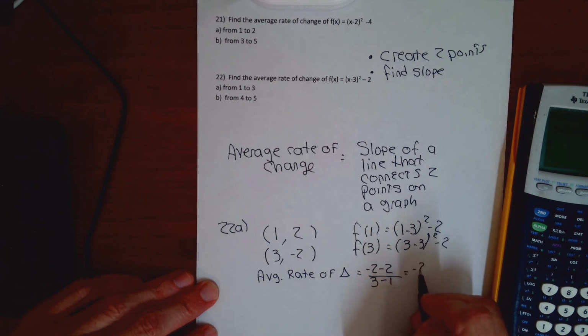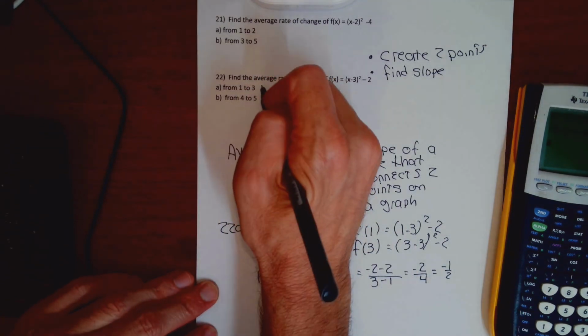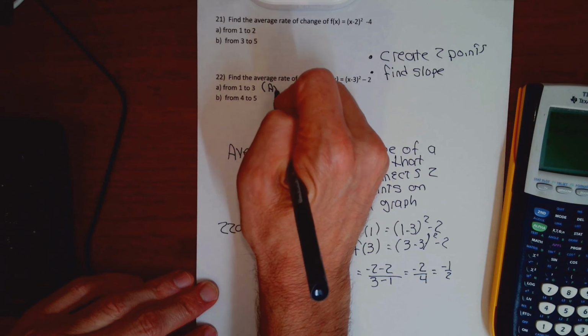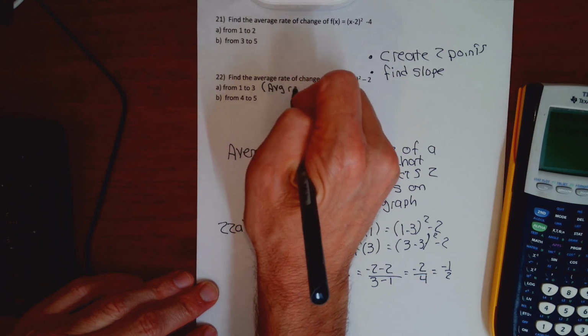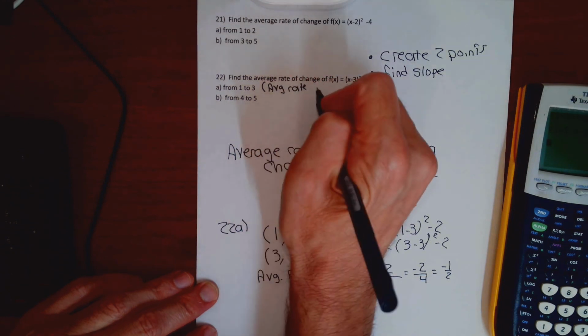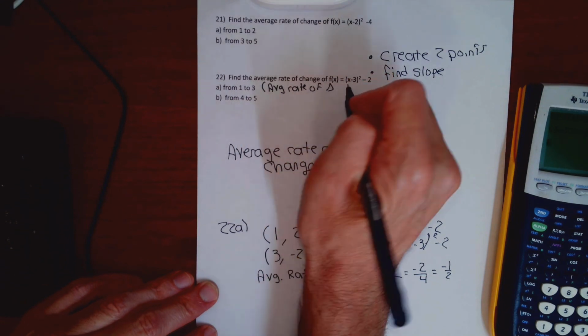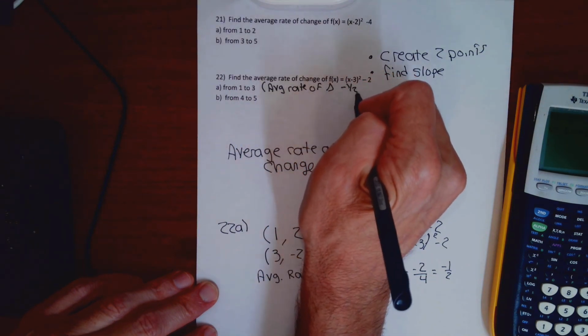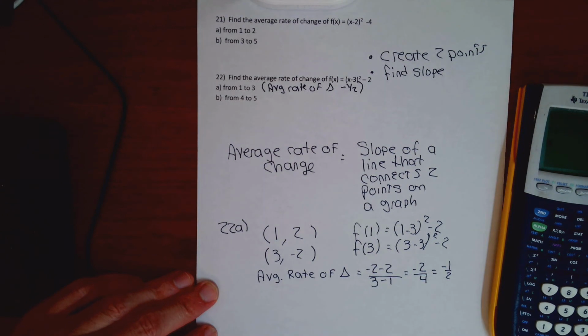This is going to be negative 2 over positive 4, and that reduces to negative 1/2. So in problem A, the average rate of change is just the number negative 1/2. I guess I could write m equals negative 1/2 if I care to.